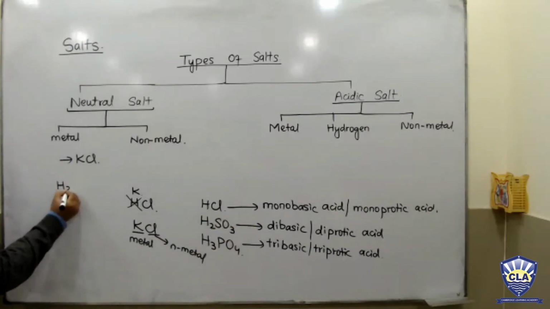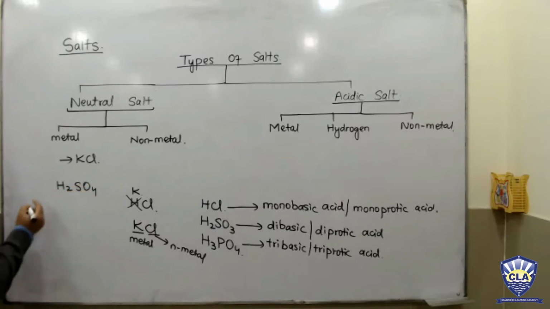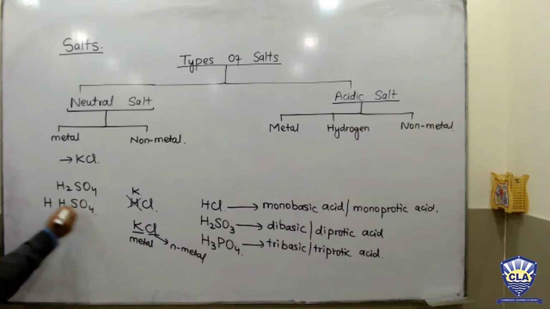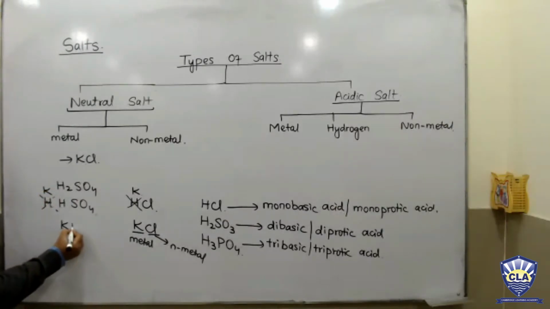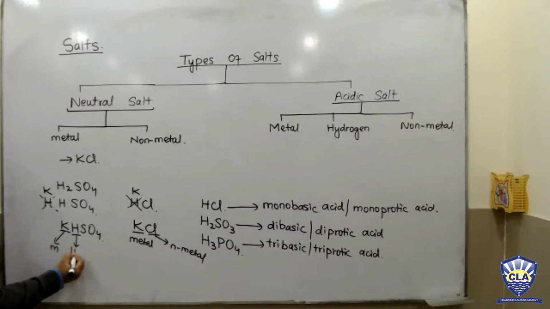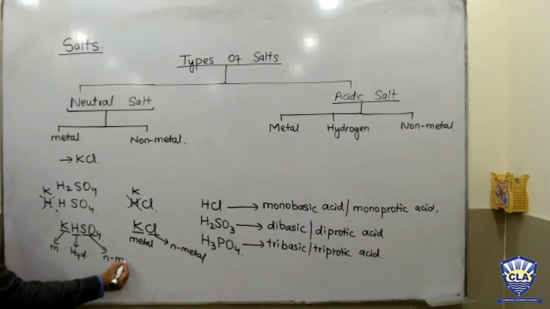Okay, now I'm going to take the dibasic acid, H2SO4. H2 means you have got 2 hydrogens and then SO4. So now what would happen here? First of all, this hydrogen will come out, and in its place, the K would be attached. So it would become KHSO4. K is metal, H is hydrogen, and SO4 is non-metal.